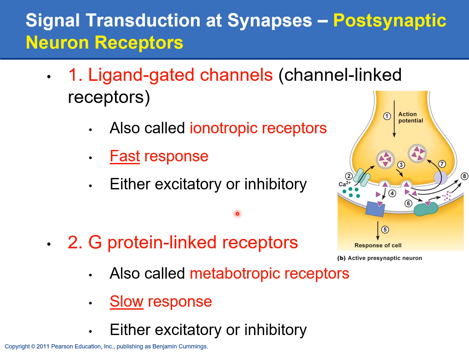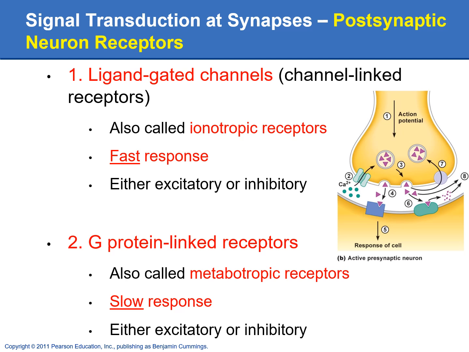That's because these are ligand-gated ion channels that when the ligand binds, the gate will open or close and they'll let ions in or out of the cell. That's going to be a very fast response because the gate will open and close very quickly. And depending on which ion is going in or out of the cell, that could either be excitatory or inhibitory. So you could have either a depolarizing or hyperpolarizing graded potential that's produced in this postsynaptic neuron.